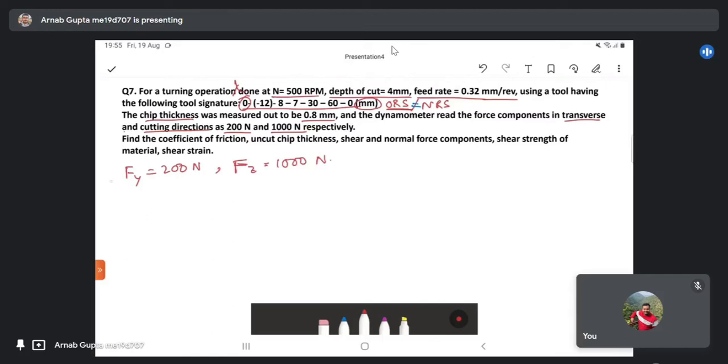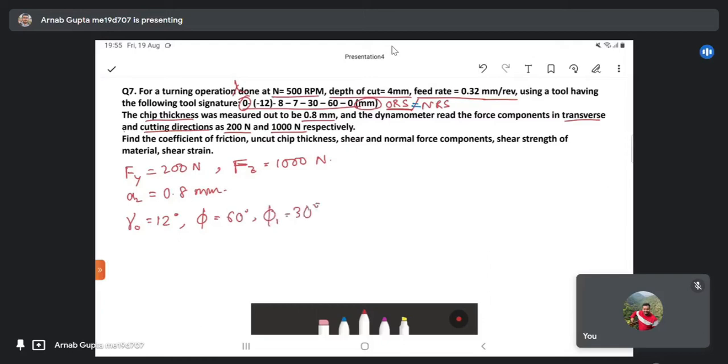These are the dynamometer data, and you're given A2, which is the cut chip thickness, that is after being cut, 0.8 mm, and also you know gamma naught from the tool signature. Gamma naught is equal to 12 degrees. Phi is 60 degree, phi 1 is 30 degree.